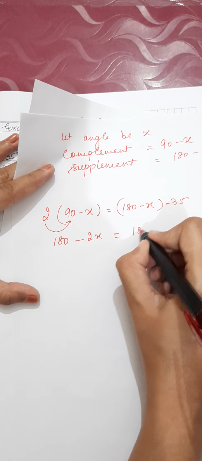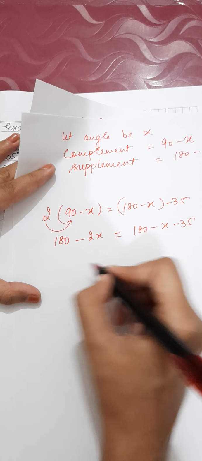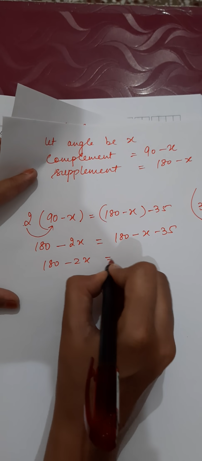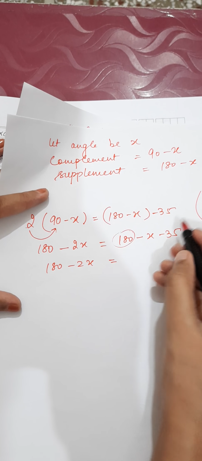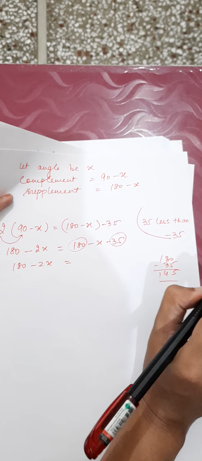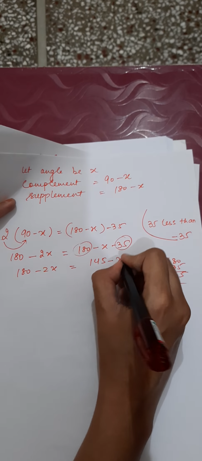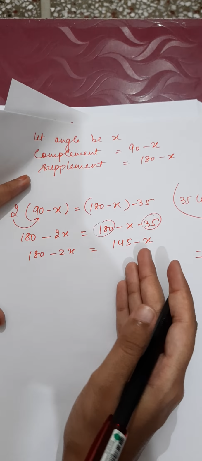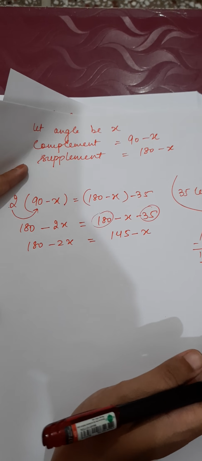Firstly 2 I am going to multiply with the bracket. 2 into 90, 180 minus 2 into x, 2x, equals 180 minus x minus 35. 180 minus 2x equals, now what is 180 minus 35? It will give me 145. So 145 minus x. Now all the constants on one side, all the variables on one side.